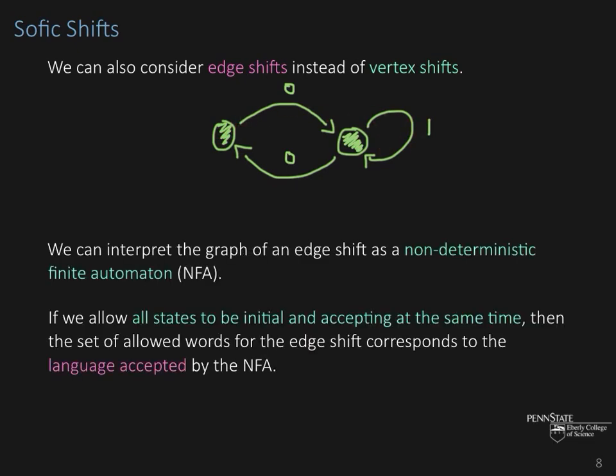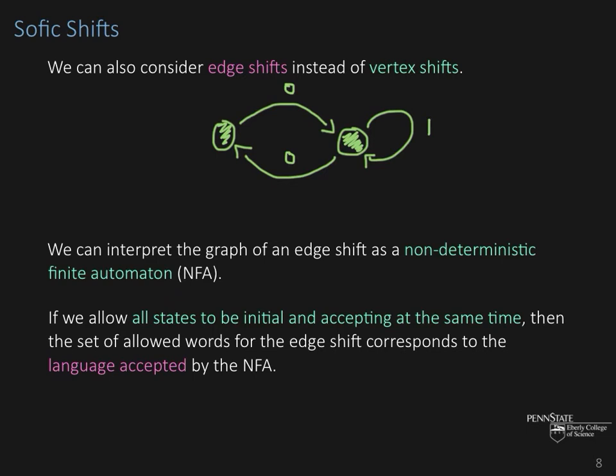This kind of shift is actually much closer to our finite automaton, because remember we had the notion of a non-deterministic finite automaton, where we just had a number of states and then transitions between the states that are labeled by the edges. We're reading the input, so to say. So this way we can interpret this graph of an edge shift as a non-deterministic finite automaton.